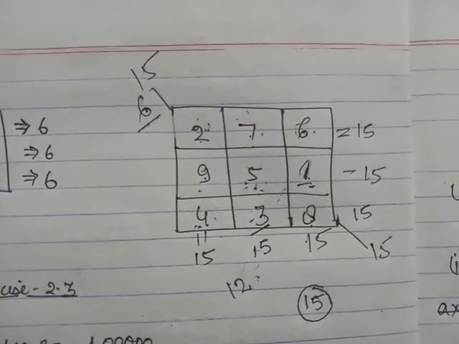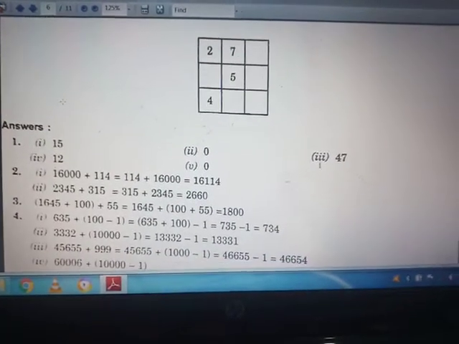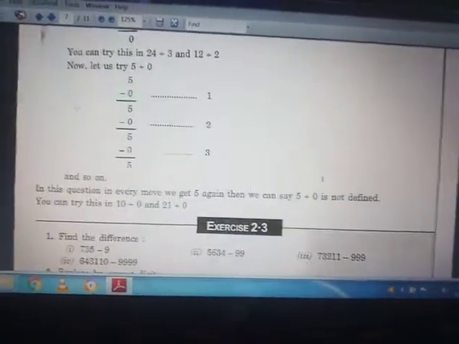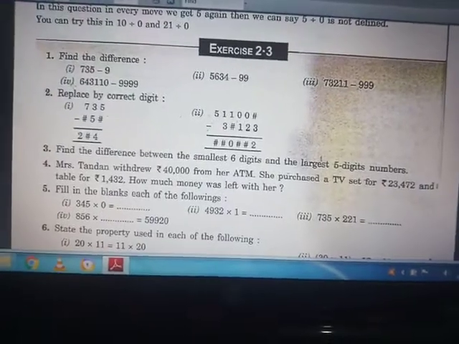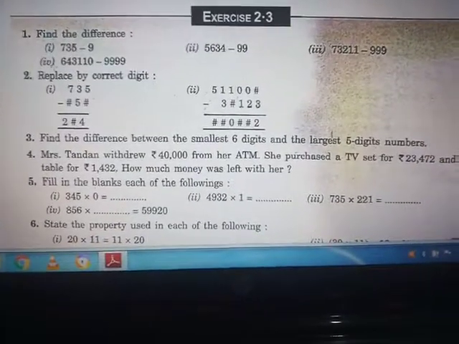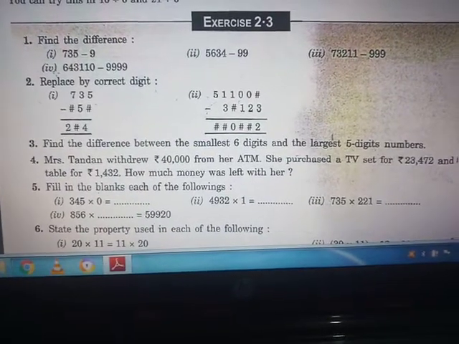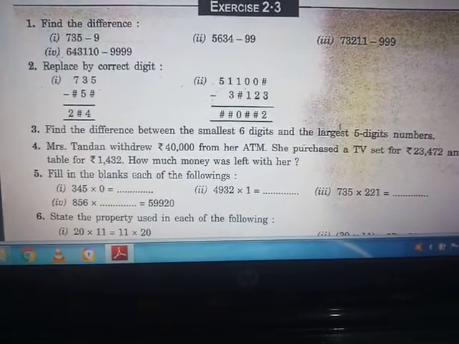Okay students, so our exercise 2.2 has been completed, and now we move to the next exercise, that is exercise 2.3. In this exercise the first question is find the difference. You can do this question, and the second question is replace by correct digit.